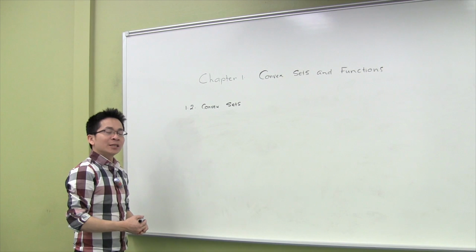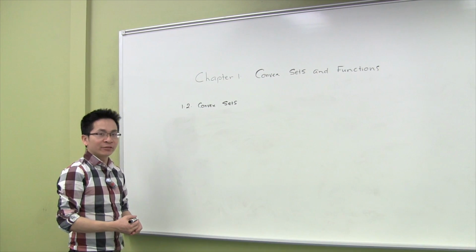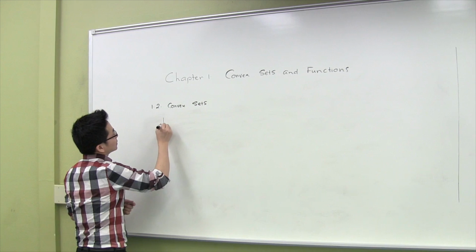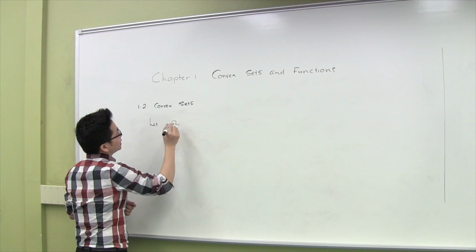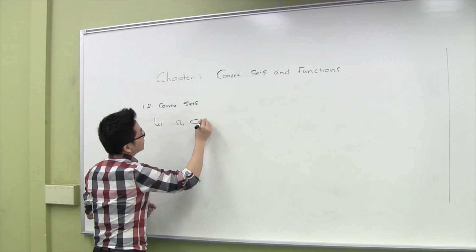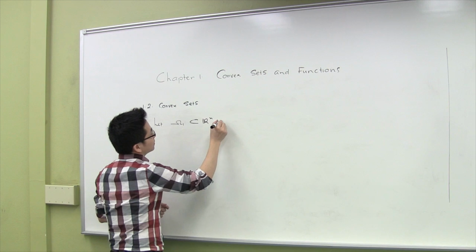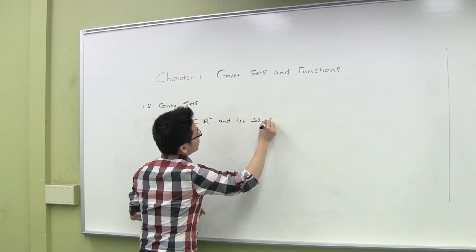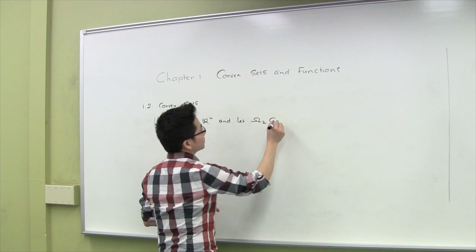Now, I'm going to talk about some operations that preserve convexity in Rn. Let omega 1 be a subset of Rn, and let omega 2 be a subset of Rp.